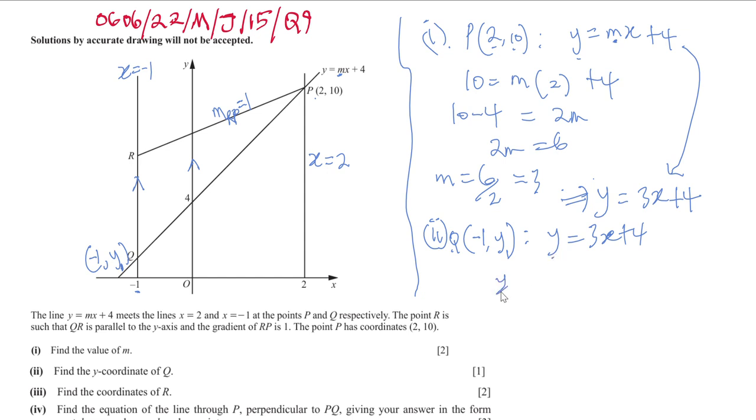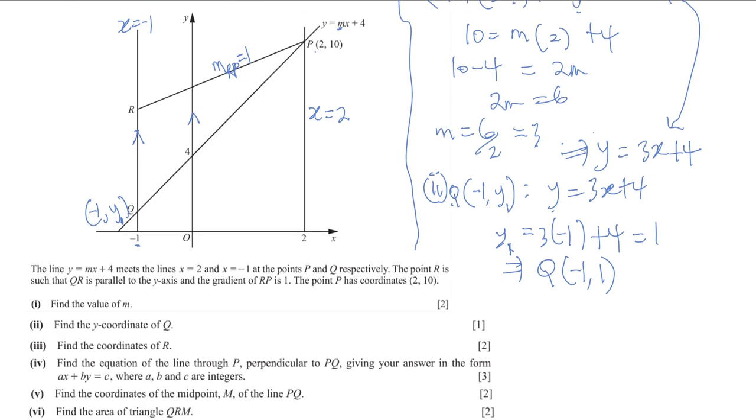The y is y1 equals 3 multiplied by the x value, minus 1, plus 4, and that gives minus 3 plus 4, which gives you 1. So the y coordinate, the answer to question II, is positive 1. This tells us the coordinate of Q is minus 1, 1.